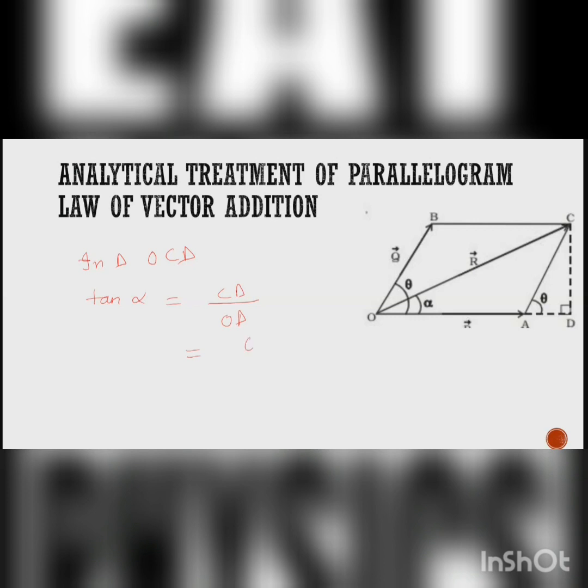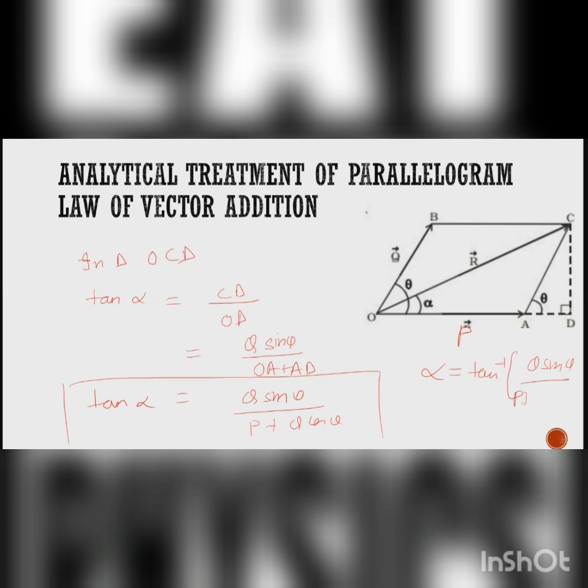CD we know is Q sin theta and OD is OA plus AD, so P plus Q cos theta. So alpha would be tan inverse Q sin theta divided by P plus Q cos theta.